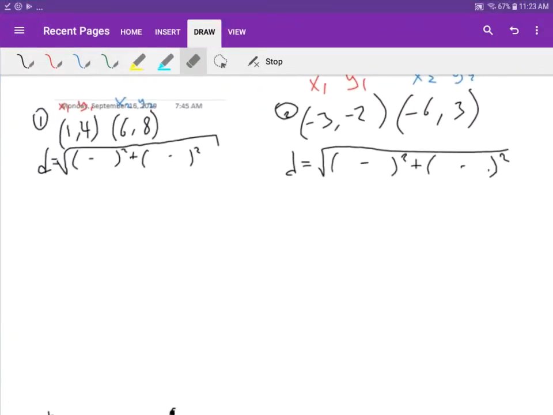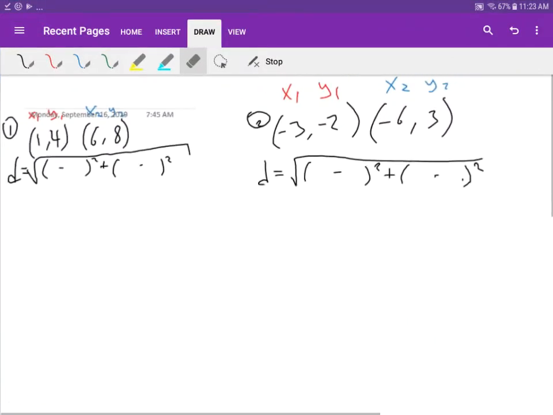So I'm going to go into these two examples here. You're given 2 points, here and here. First thing you do, label them your x1, y1, x2, y2. So here's your formula. The distance is the square root of x2 minus x1 plus y2 minus y1. I'm actually going to zoom in on this more.